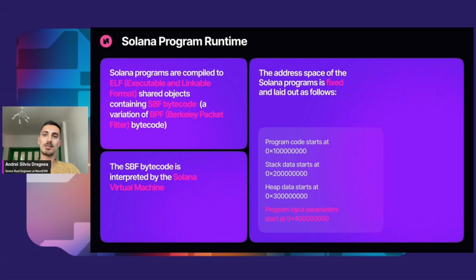So basically, when a Solana program runs on the blockchain, it runs in a constricted environment of a VM. We are going to focus next on the memory layout of a Solana program at runtime.